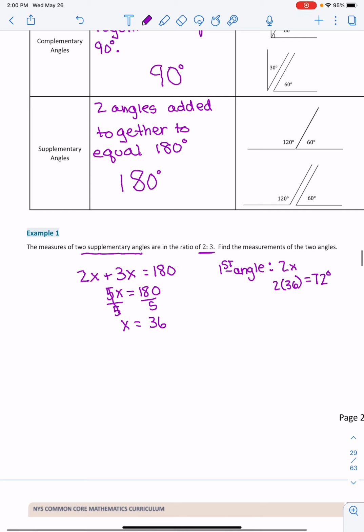My second angle is 3x, or 3 times 36, which is 108 degrees. This ends our lesson for today.